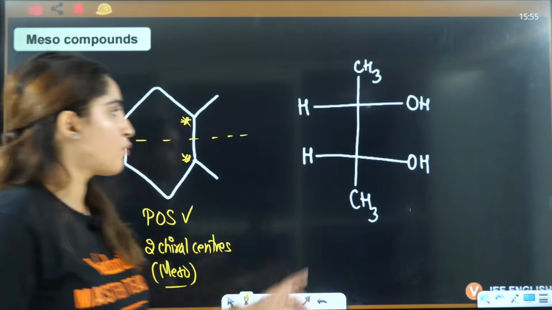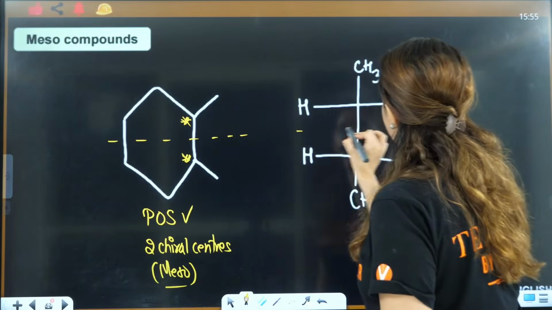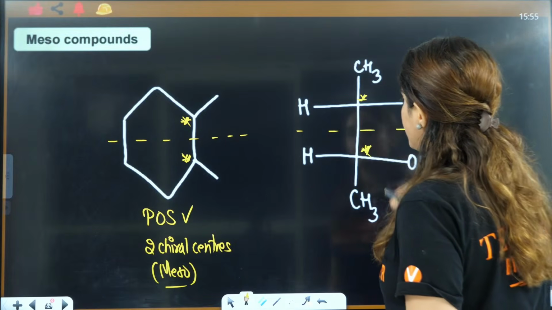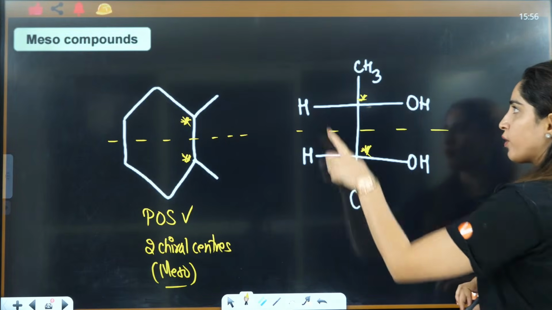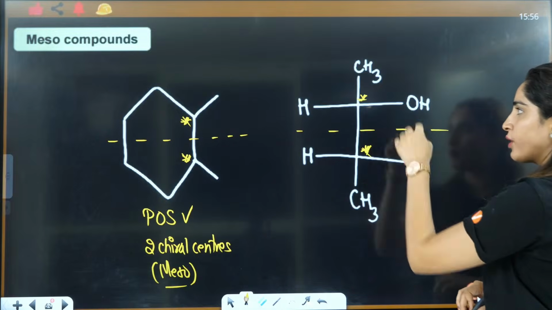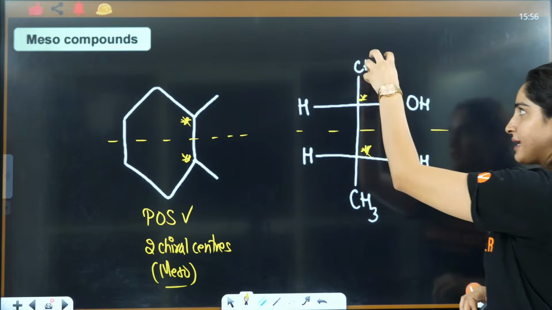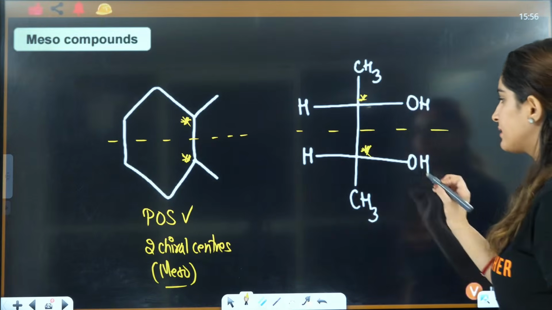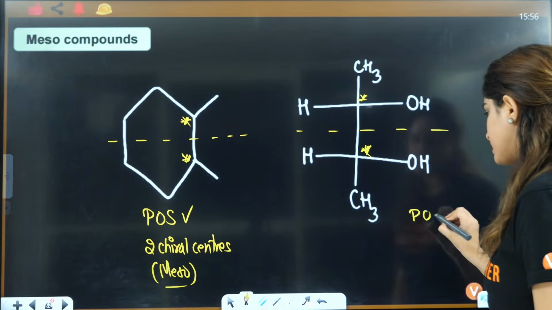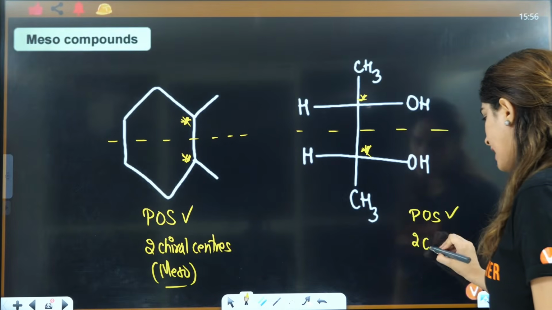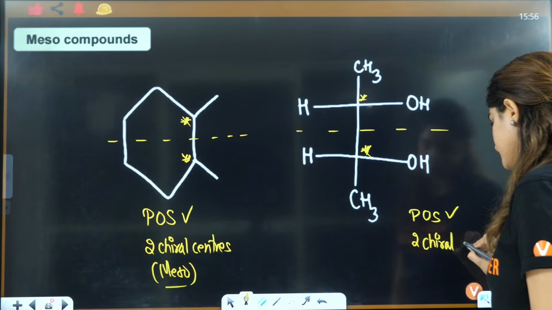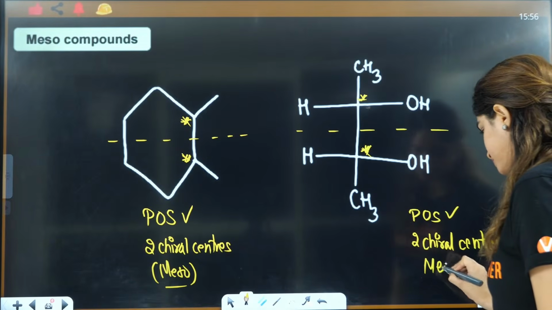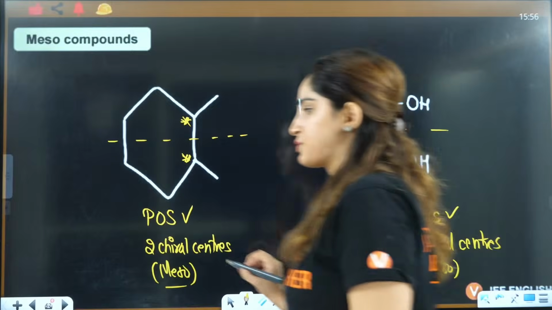What about this one? POS is present. This is also chiral, because sp3 with 4 different groups. CH3 is different from this one, and the other group is different from all of them. So this is also the same: POS is present and you have two chiral centers. That is meso.